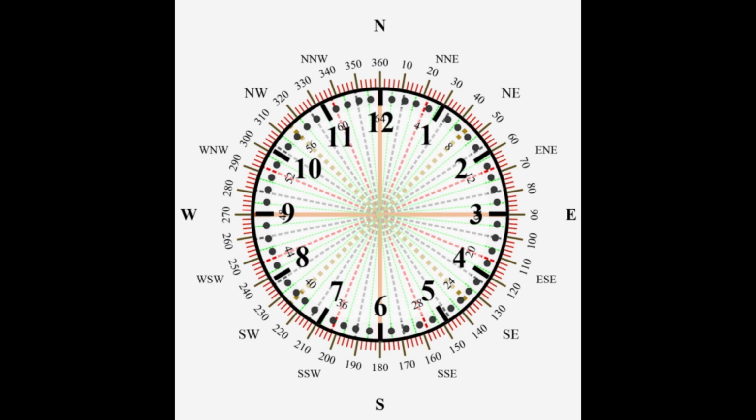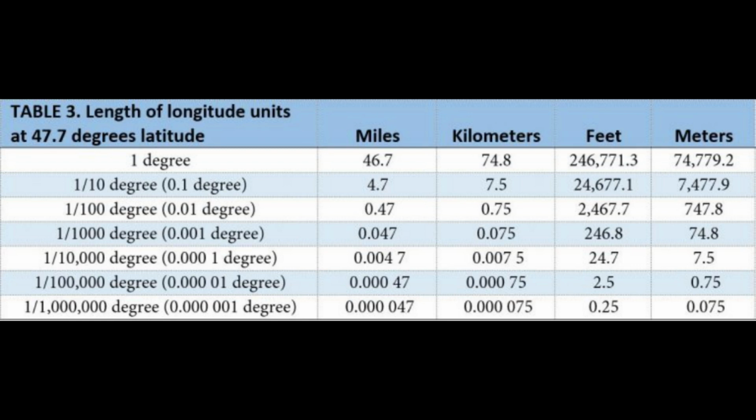Again, this works nicely in a globe or spherical or even two-dimensional circular model because you have 360 degrees in a circle. So this is also an aspect of the model that you must keep in mind.